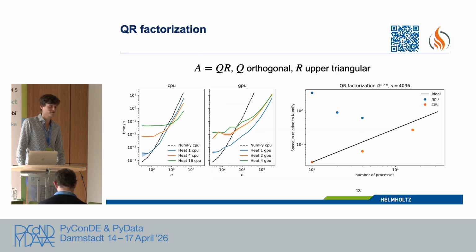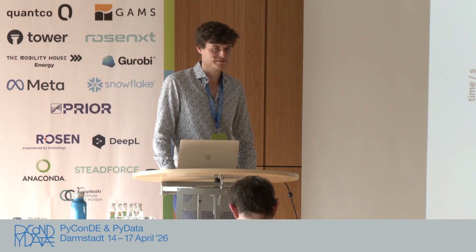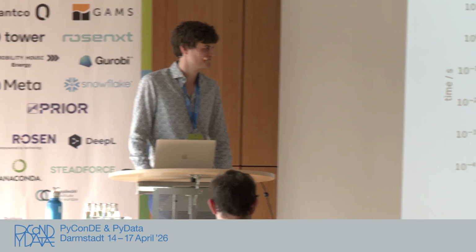But here, for the GPU tests, I used the Joules Booster machine. Actually, I used only a single node, so these are connected with NVLink, which is quite fast. And for the CPU tests, I used a smallish machine called Yusuf, and this is connected with some InfiniBand connection. I hope that answers the question sufficiently.